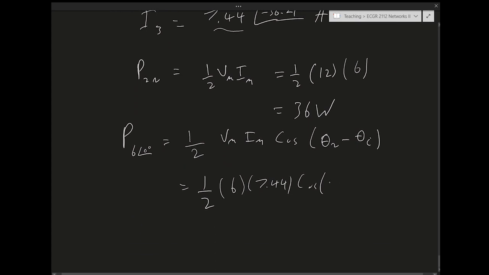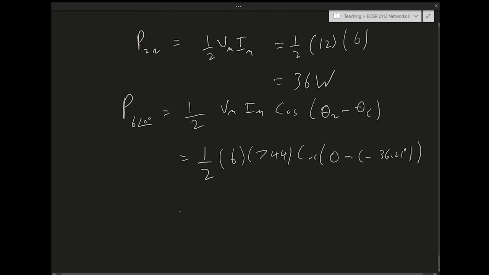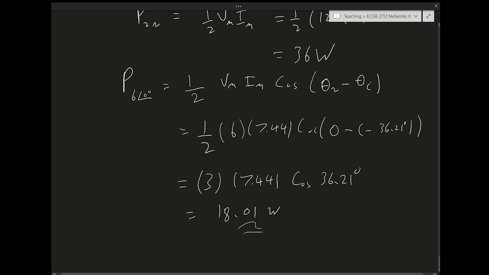So it's going to be 0 minus minus 36.21 degrees. That's what the equation is going to be. So it's 7.44 cosine 36.21 degrees. If I calculate this, I end up with 18.01 watts. Again, there might be rounding errors here.